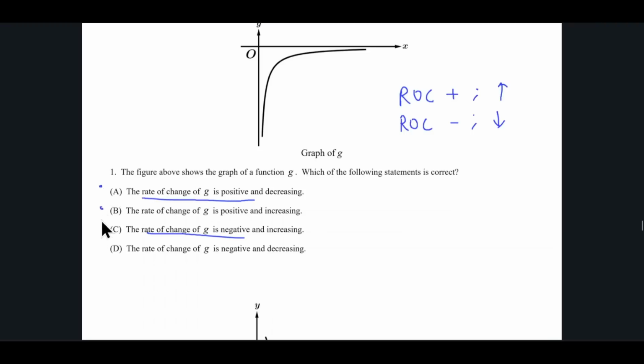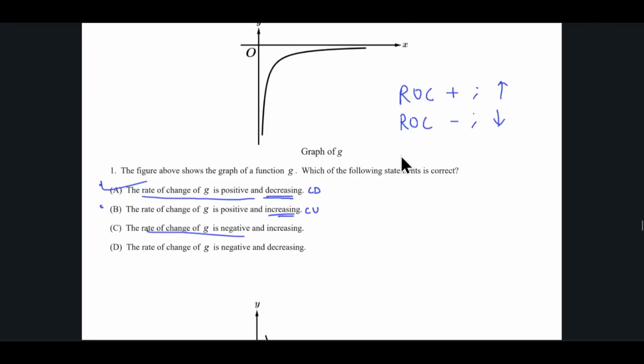So it's either A or B. And ROC decreasing means the function is concave down, and ROC increasing means the function is concave up. So clearly this function is concave down. So A makes the best choice, that the function is increasing because ROC is positive, and the function is concave down because the ROC is decreasing, right?